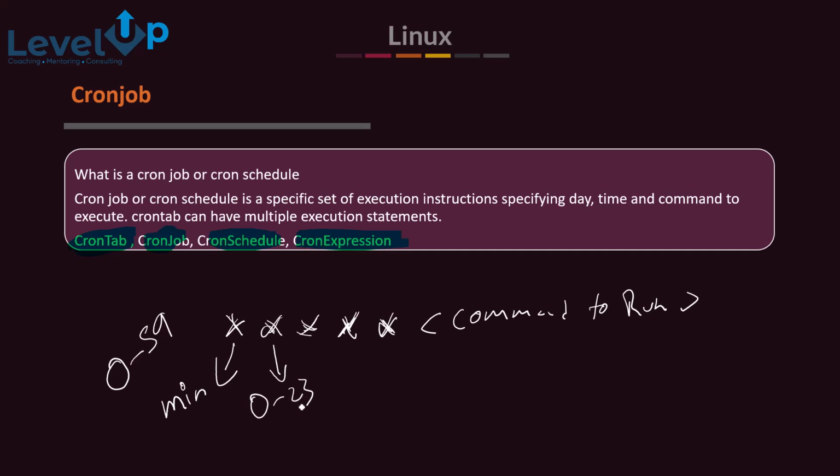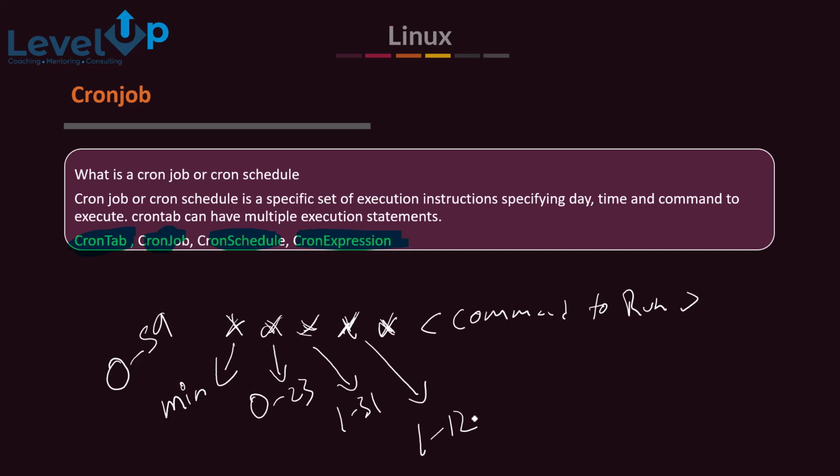The next one is the day of the month, 1 to 31. You can choose which day you have to run this job. The next one is months, 1 to 12. So which month you have to run this job.